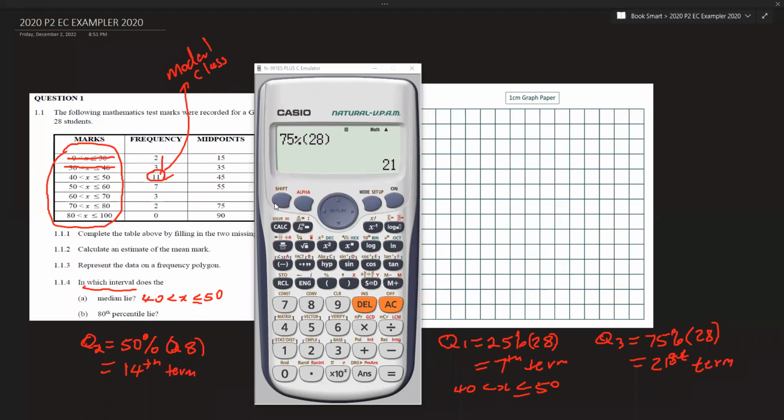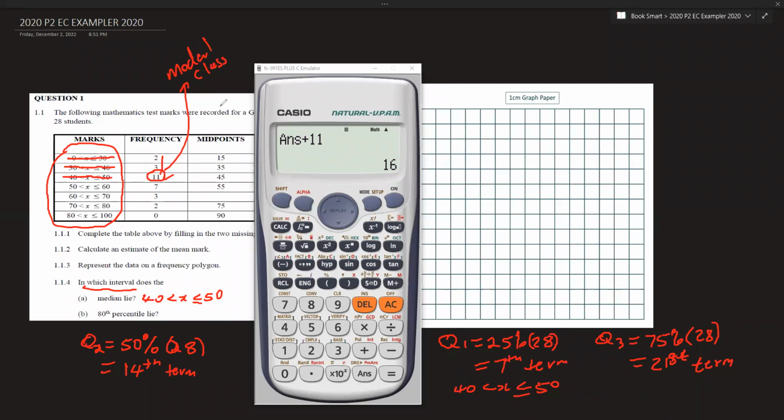Now let's check in which class the 21st term falls. Okay, we're going to start adding again. So 2 and 3 will be out, obviously. Let's check 2 plus 3. So those are out, and then I have to add 11 plus 11, which is the third one. It's 16. So it's still less than 21. So this is out, right?